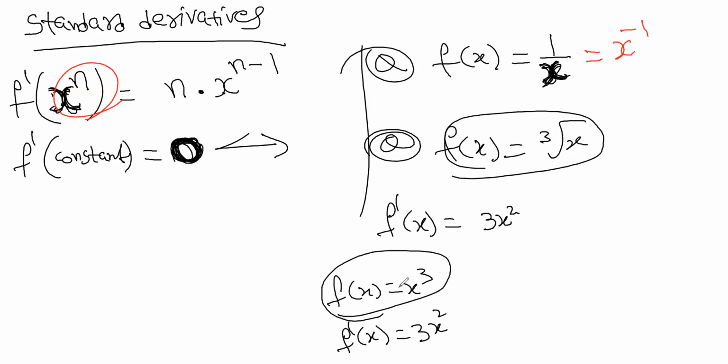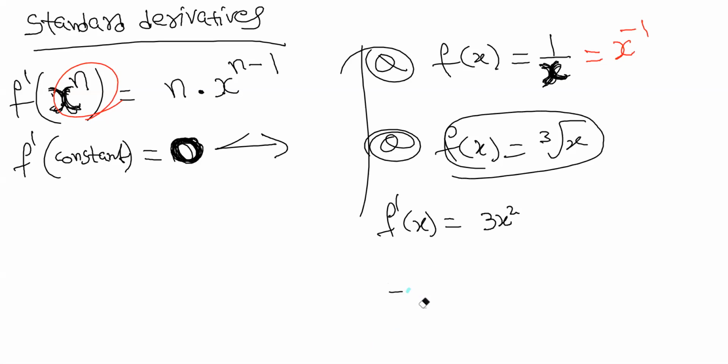How is that possible? If the graphs are different, the slope should be different. Oh, wait, I thought you were asking for x cube. I didn't know it was cube root of x. Yeah, sorry. Proceed.